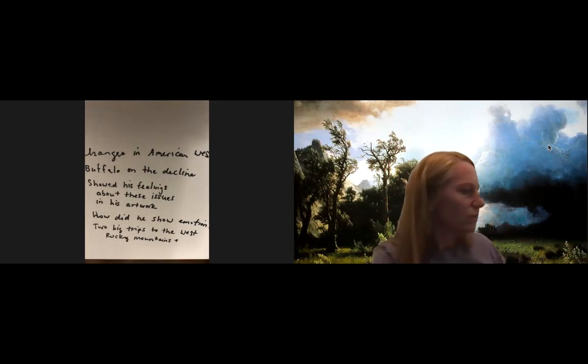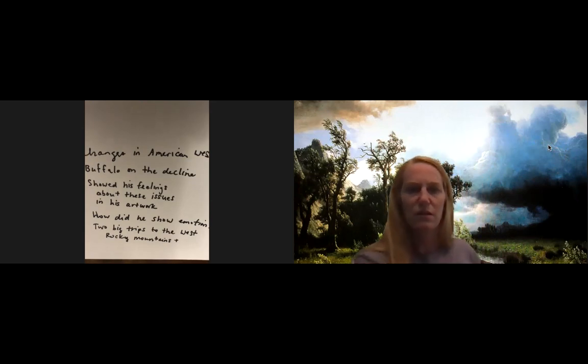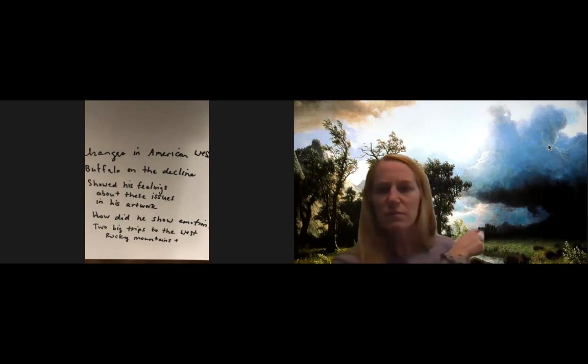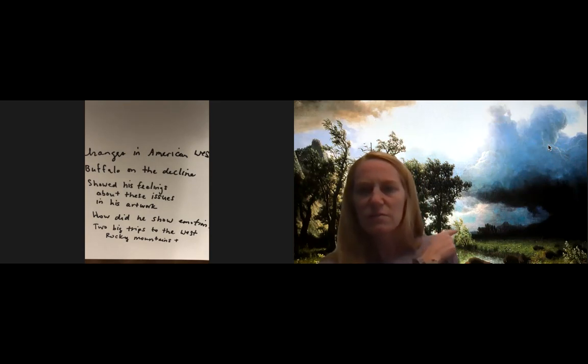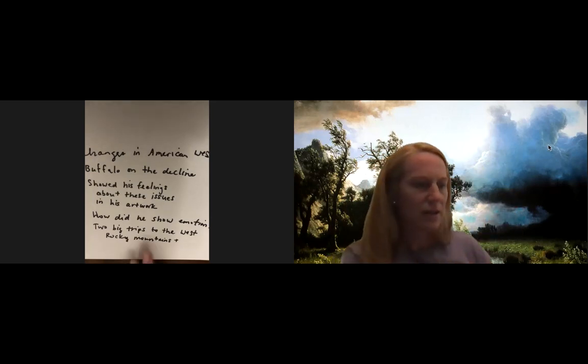So how did he do that? Well, he has some trees that are up close here, that are close in the foreground. And then he puts some trees back that are smaller in the background by the horizon line. And he has clouds that are very high in the sky.